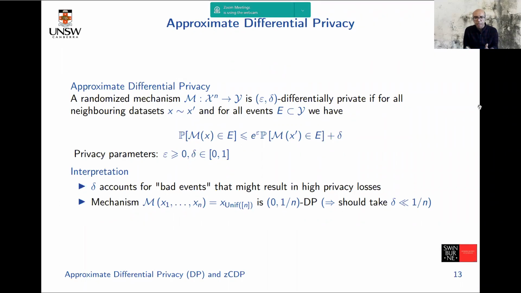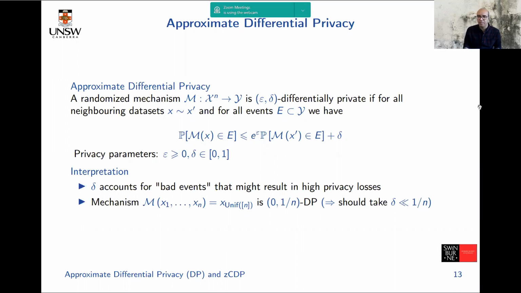For example, an ideal mechanism like the uniform distribution, for a data set of size n, is 0 and 1 over n differentially private. So in that case, we need to take delta much smaller than 1 over n, where n is the size of the data set, to have a lower chance of outliers or bias.